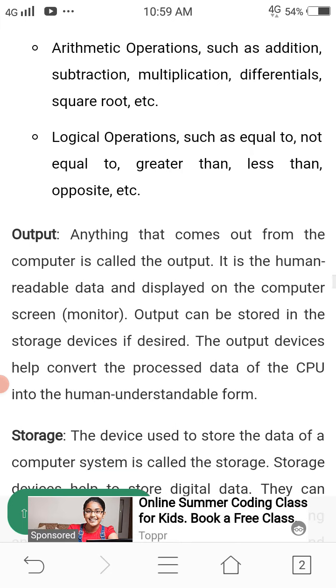And next is output. Anything that comes out from the computer is called the output. It is human readable data displayed on the computer screen, or you can say on the monitor. Output can be stored in storage devices if desired. Output devices help convert the processed data of the CPU into a human understandable form.